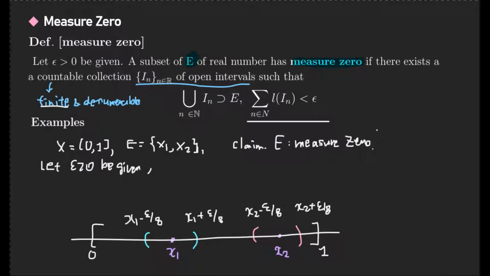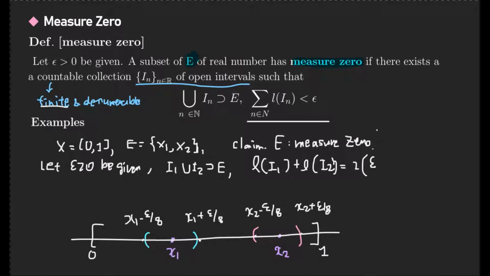The first condition is clearly satisfied: the union I1 union I2 covers the set E. And we calculate the lengths of I1 and I2, each defined as the difference of the two endpoints.